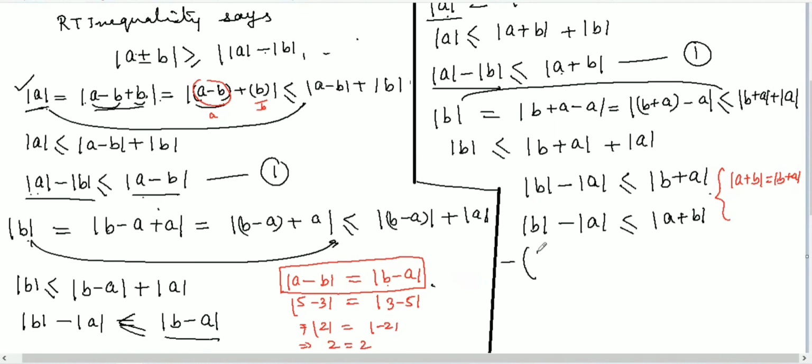So take minus common, you will have the absolute value of B plus the absolute value of A. Here it will be minus, and if you take minus common from any equation, the sign of everything will be changed. So plus the absolute value of B will become minus the absolute value of B, minus the absolute value of A will become plus the absolute value of A. And then less than or equal to the absolute value of A plus B.